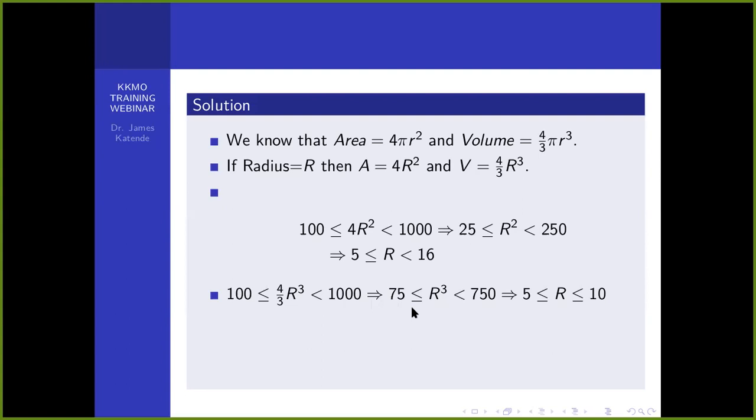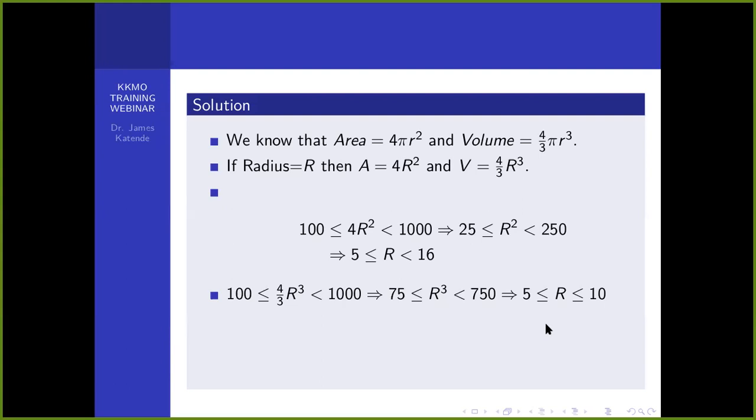Multiply throughout by 3 over 4, not 4 over 3. You will have 75 on this side and 750 on the other end. Then if you work with the cube roots, approximately you will have 5 on the left-hand side and 10 on the right-hand side.